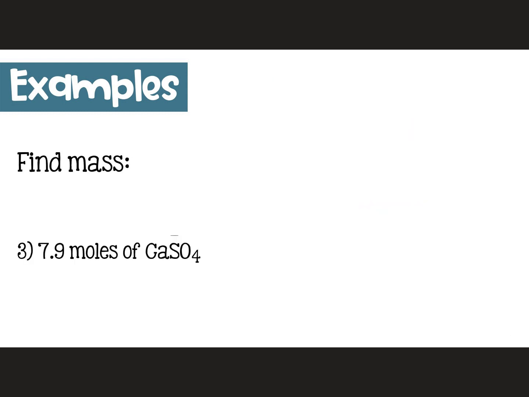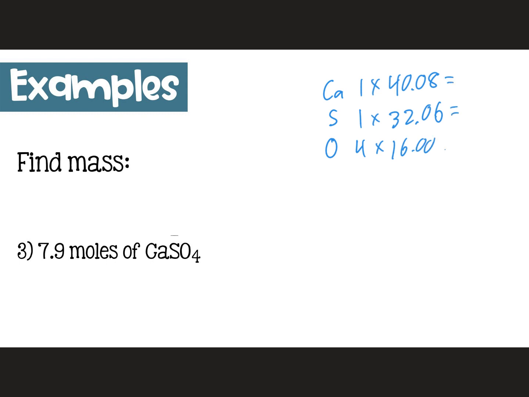For the next example, we will need to find the molar mass of calcium sulfate. Calcium sulfate has 1 calcium, 1 sulfur, and 4 oxygens. Calcium has a mass of 40.08. Sulfur has a mass of 32.06. Oxygen has a mass of 16.00.